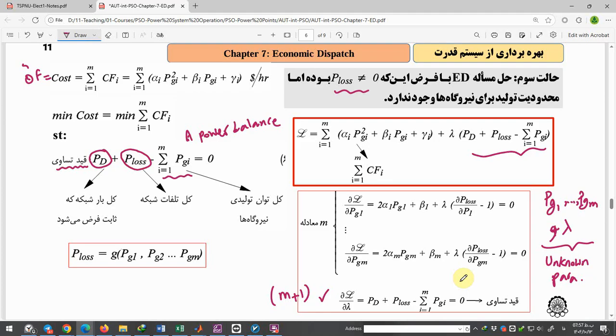In this scenario, you should pay attention to the formula for finding active power losses.